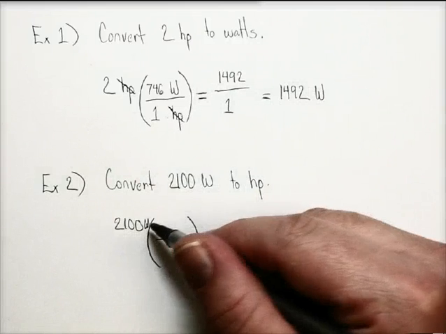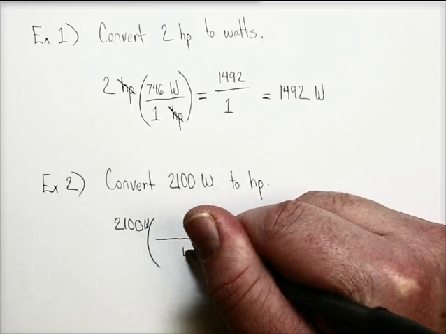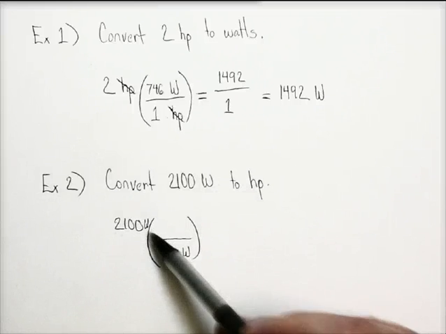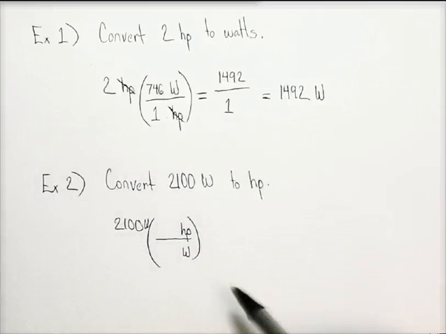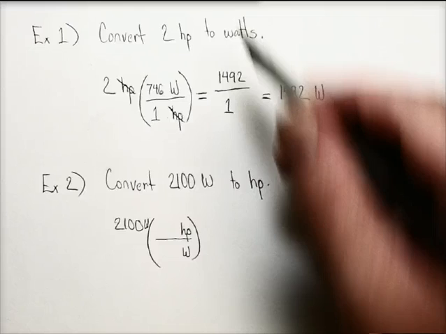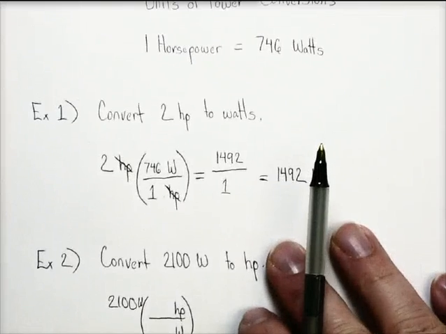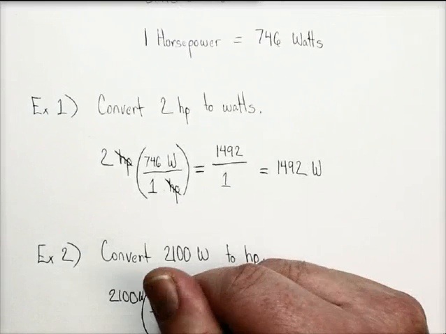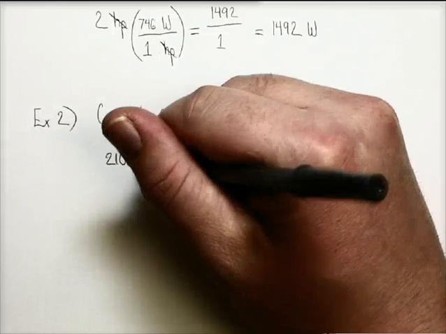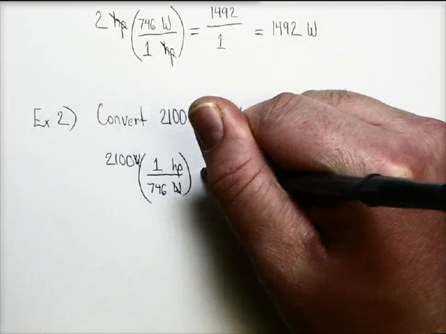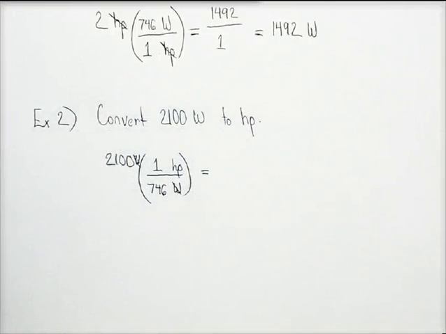And now in the bottom part of my fraction, I want the same unit as what I started with. So watts go on bottom. Horsepower is what I want to change to. That goes on top. And I know from up here that 1 horsepower is equal to 746 watts. Watts will cancel as a unit, so whatever I'm left with will be in units of horsepower.